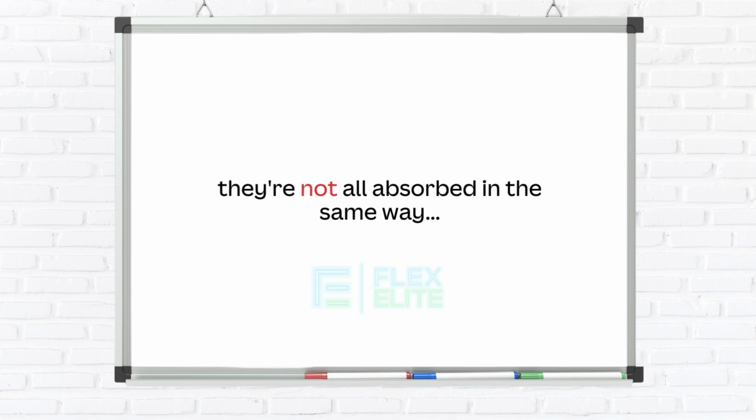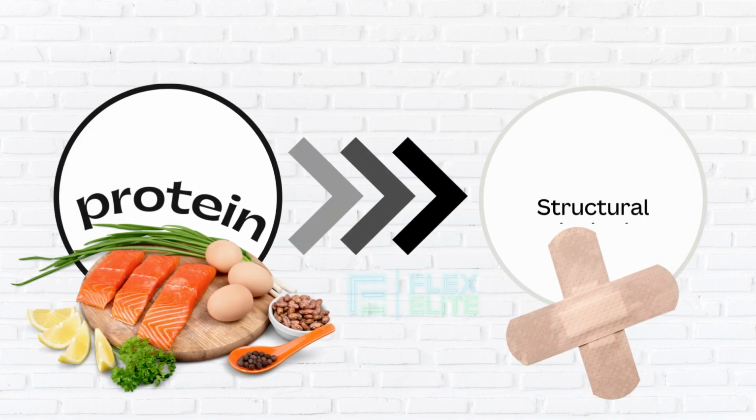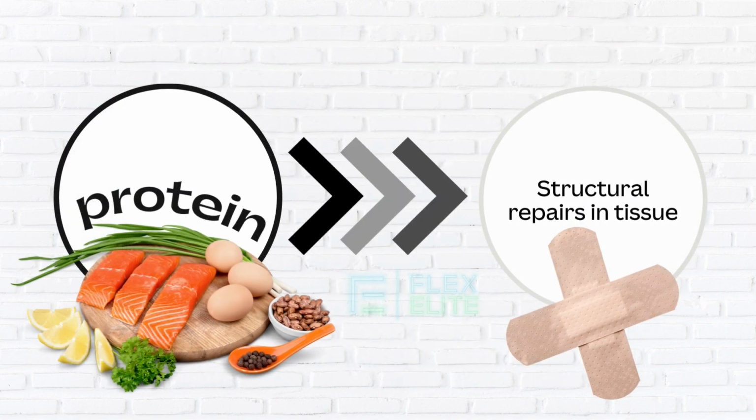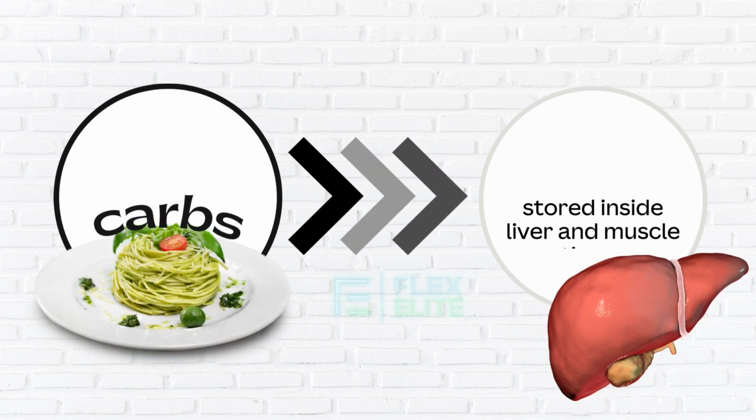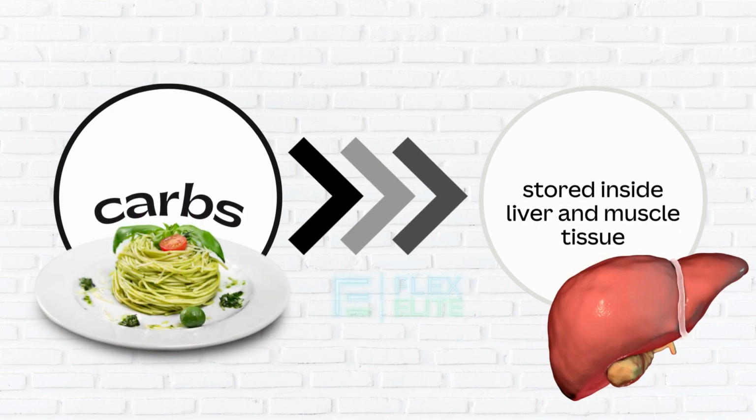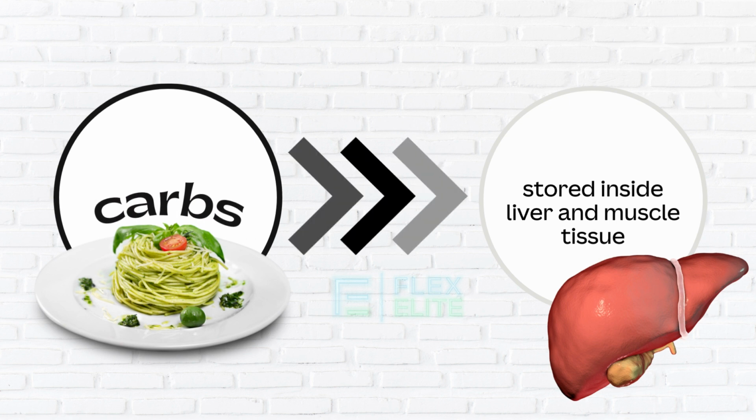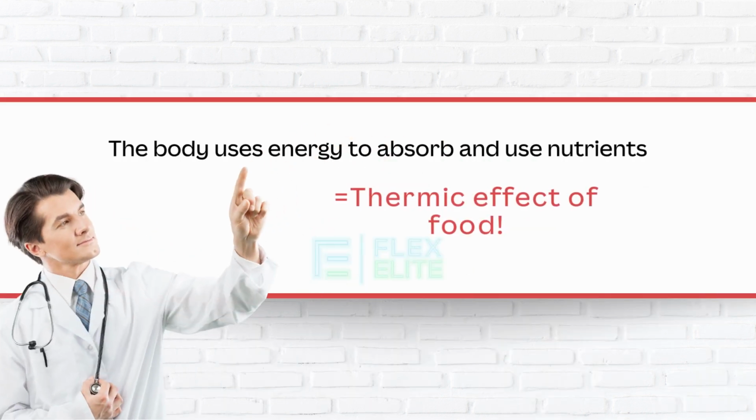The body doesn't absorb and use those macronutrients all in the same way. For example, protein is mostly used for structural repairs in tissue, and some of the carbohydrates are stored inside liver and muscle tissue. On top of that, our body uses energy to absorb and use those nutrients.